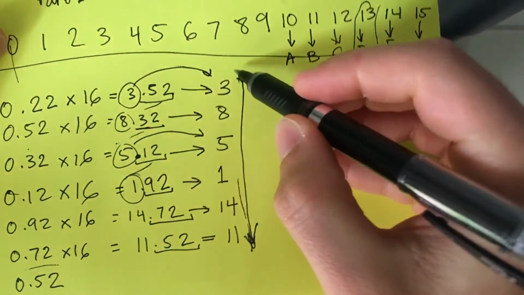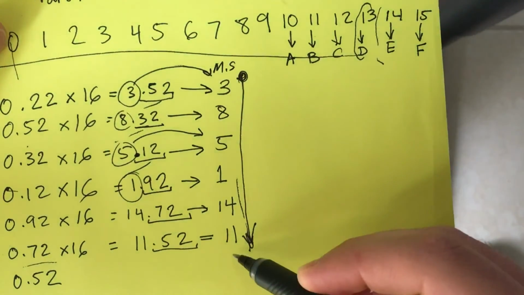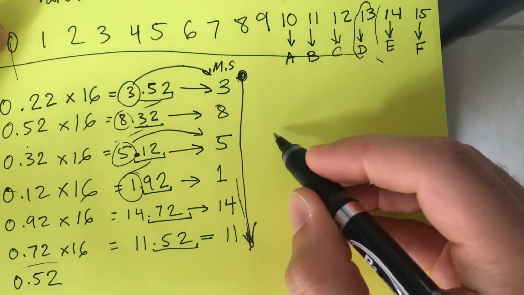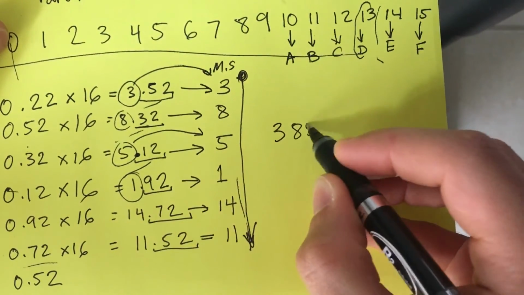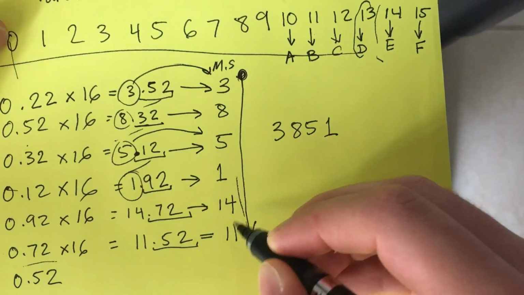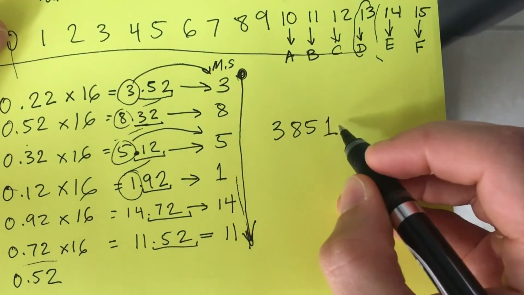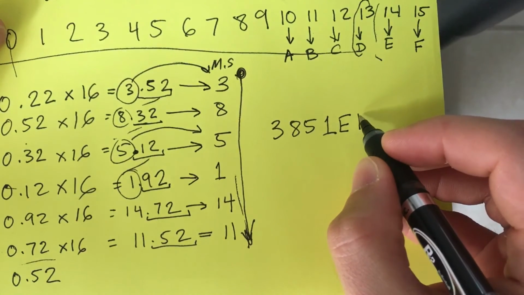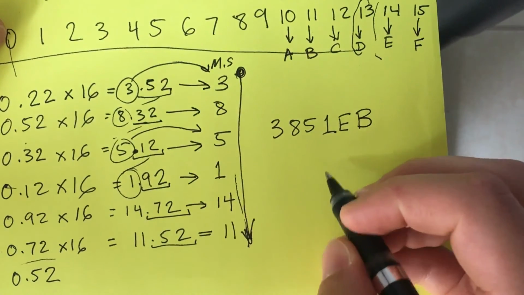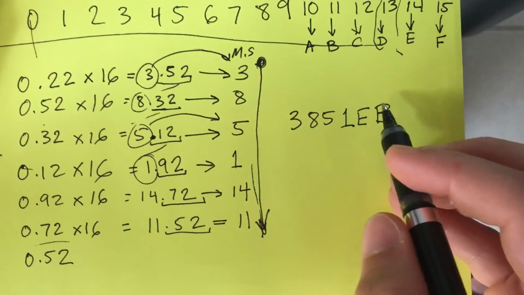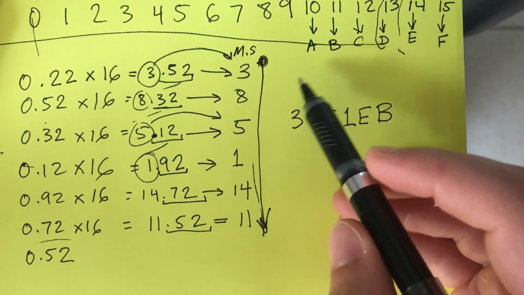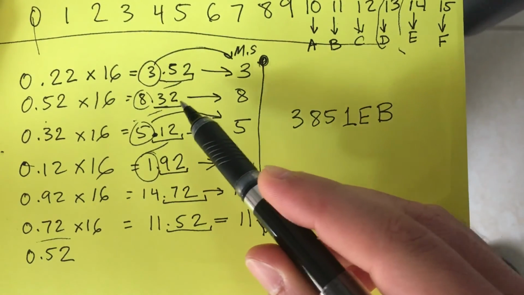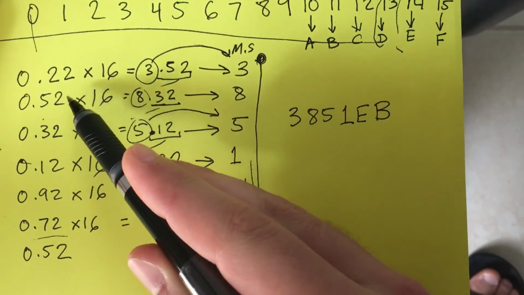So this is our most significant, MS, most significant, and we're just going to write that down. So we have 3, 8, 5, 1, we have a 14. But that 14 is E. We have 11, which is B, and then we're going to put a bar on. We're going to put a bar over the 52, because we're never going to have a 22.